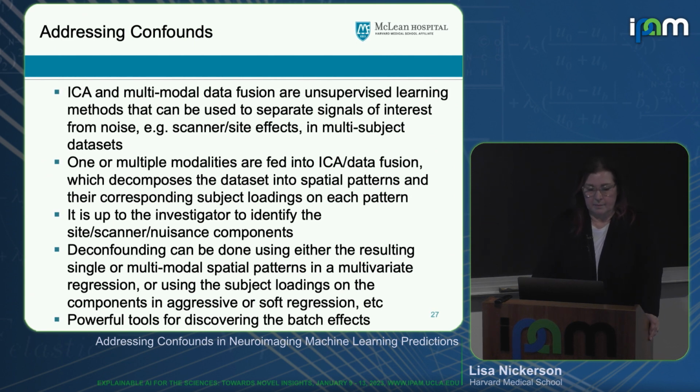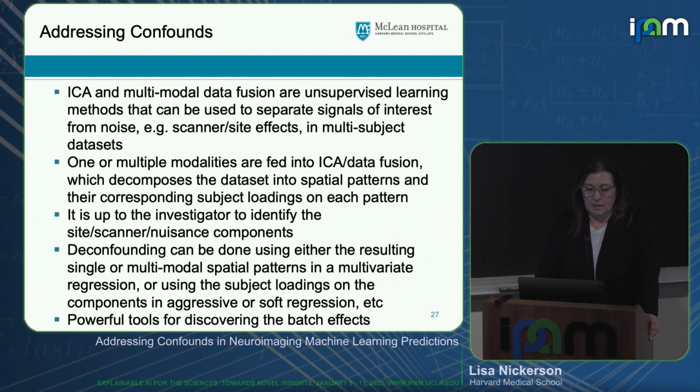And then you have this same issue. You have a set of components in the subject loadings, and you have to label the components as noise or signals of interest. But once you label your noise components, you can do deconfounding using either the resulting single or multimodal spatial maps, or you can use the subject loadings.